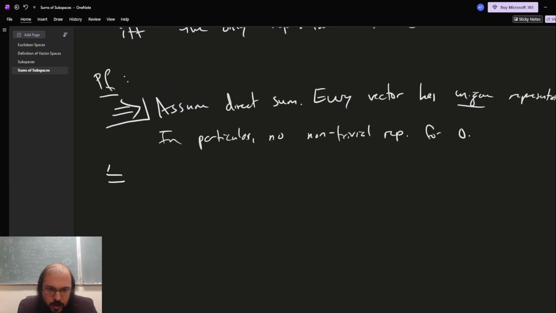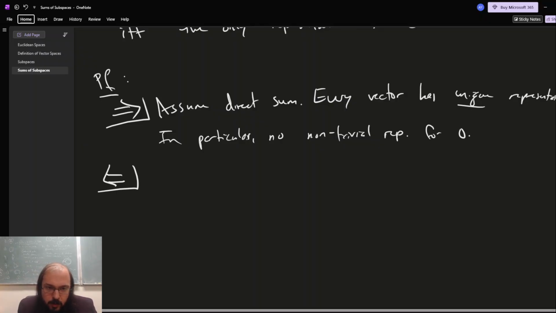Let's take a look at the other direction. For this way, I have to suppose that the only way to write 0 is by adding up a bunch of zeros. And now I need to show that the sum is direct.